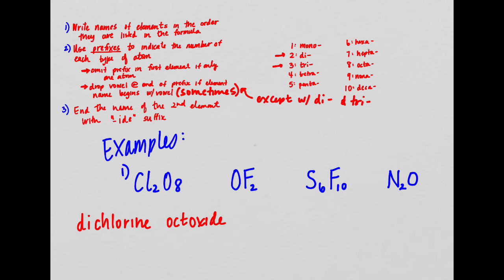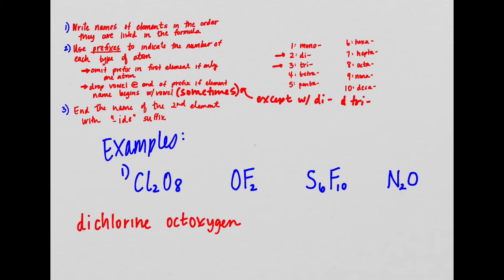So the name of this element, and obviously I got ahead of myself, we have oxygen. This is not right, but this is how it would be if you were just adding the prefixes, if you're just learning how to do this. So we have dichlorine, octoxygen, but our third rule says that we end the name of the second element with the "ide" suffix.